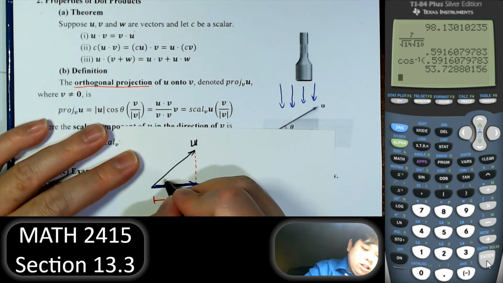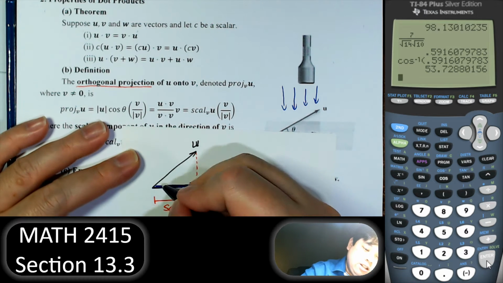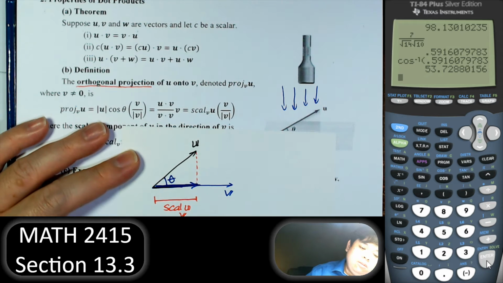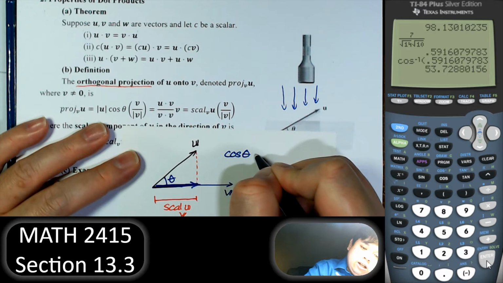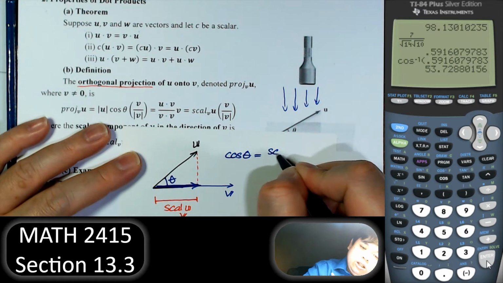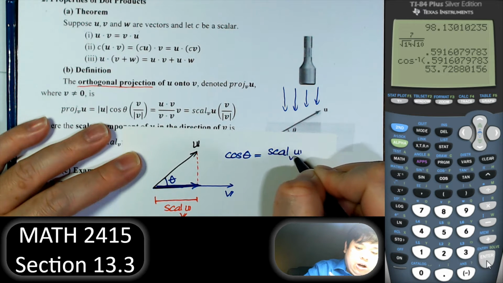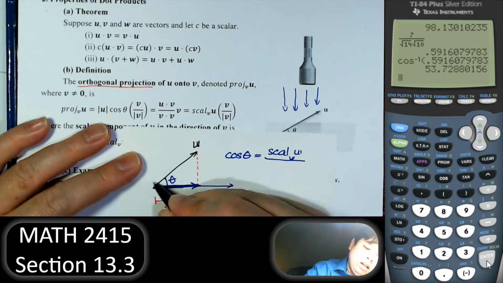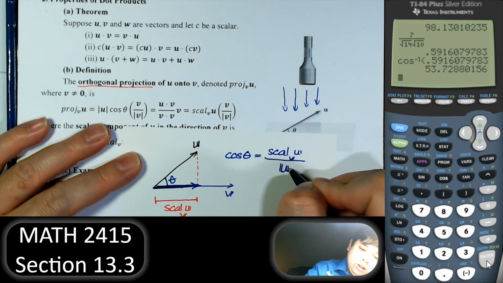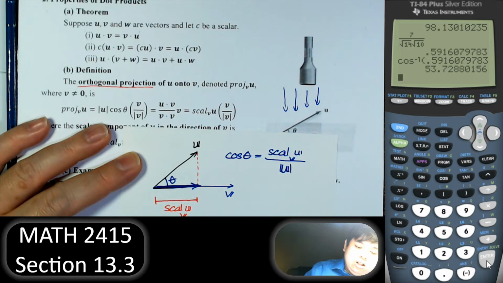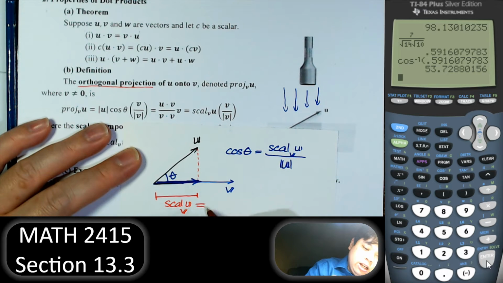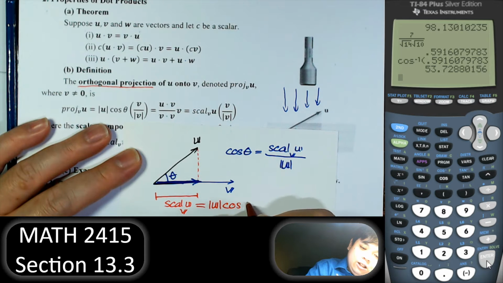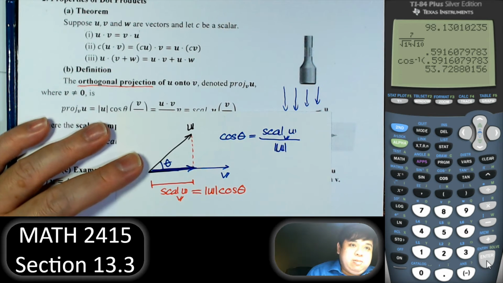And the way we do that is, if we have the angle between two vectors, we can say cosine of theta is equal to adjacent, which is the scalar component of u onto v, divided by the magnitude of u. So we have the scalar of u onto v is equal to the magnitude of u times cosine of theta, and theta of course is the angle between the two vectors.